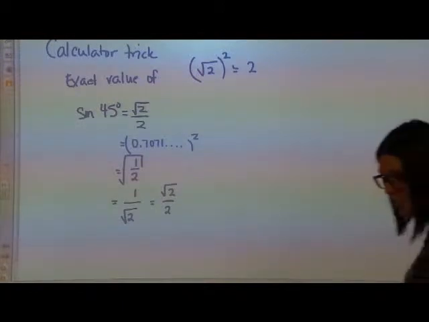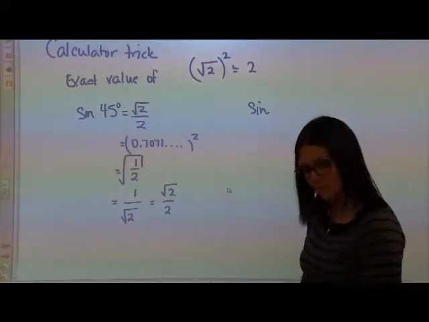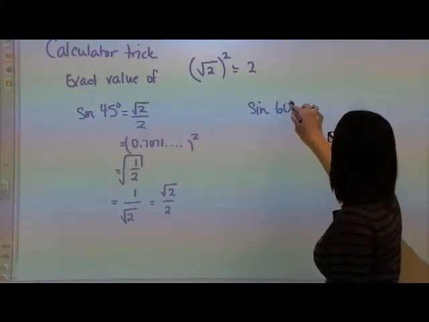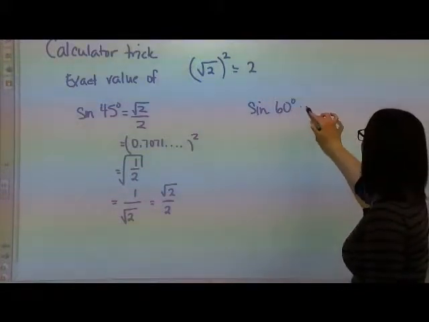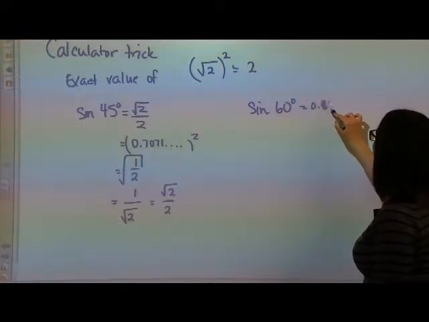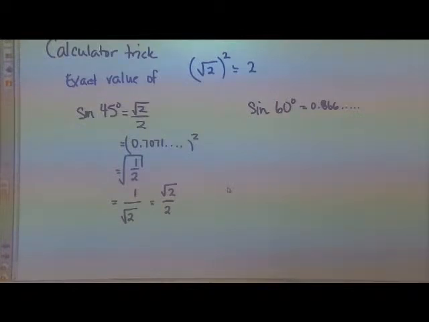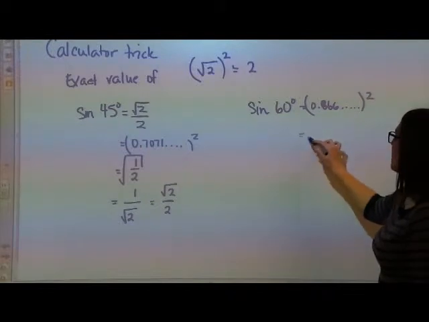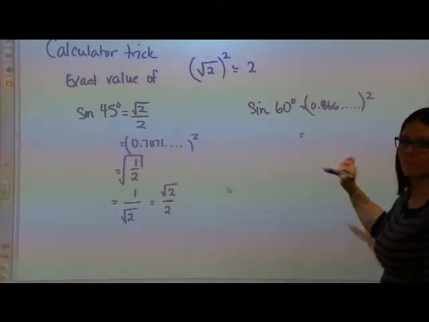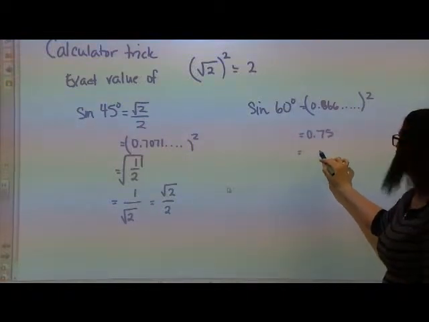So if I take another one, such as sine theta, sine 60 degrees. What do I get when I type in sine 60 degrees? 0.866 on the other one. So 0.8660, et cetera, et cetera. So then what do I do? Square it. And what do I get? 0.75, which as a fraction is 3/4.